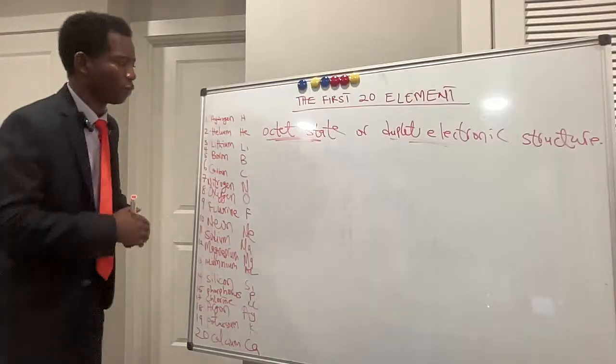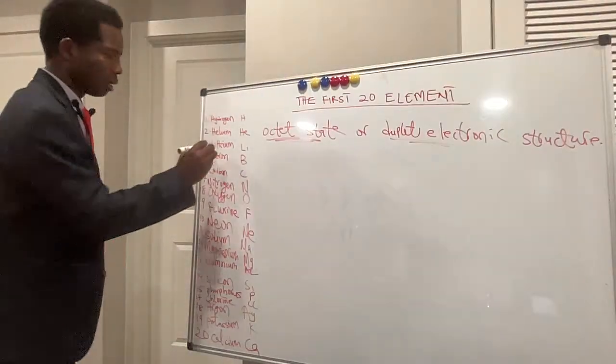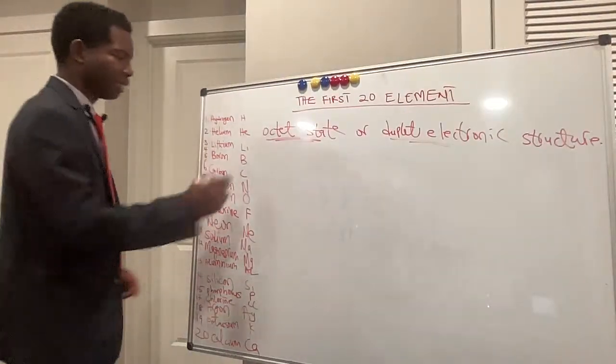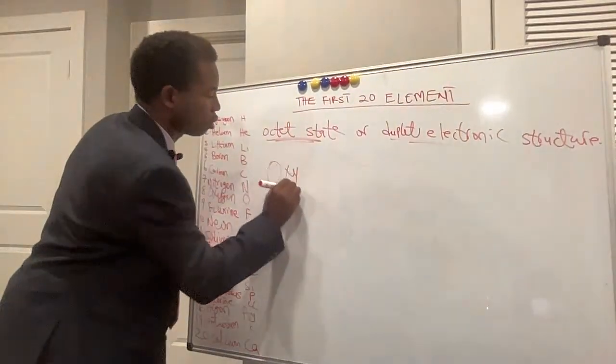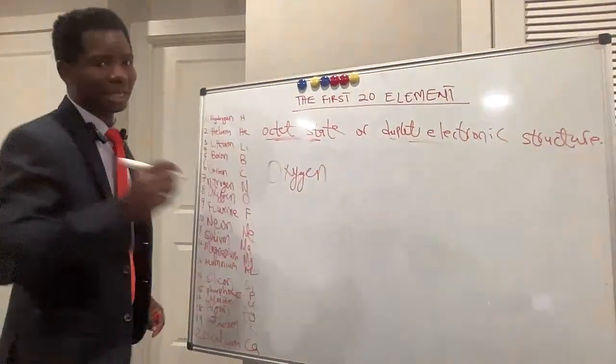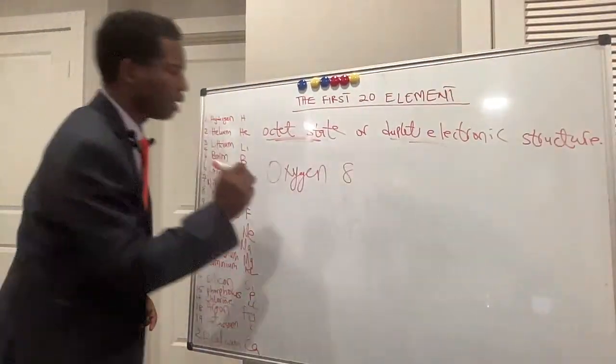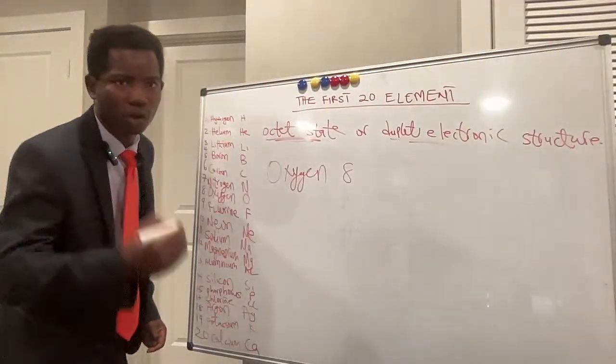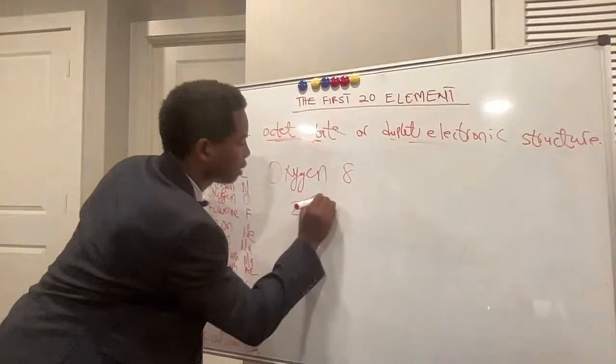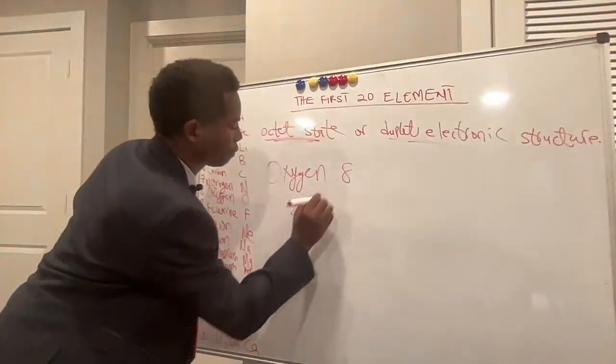Let's take any example we like. Let's take oxygen. What is the atomic number of oxygen? It's 8. Now, let's write the electronic configuration of oxygen, which is 2.6.